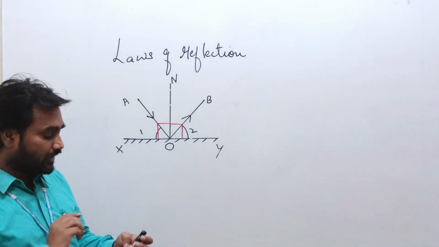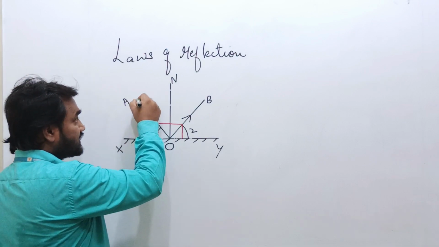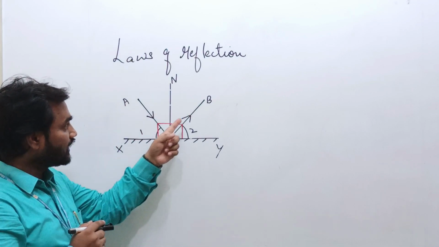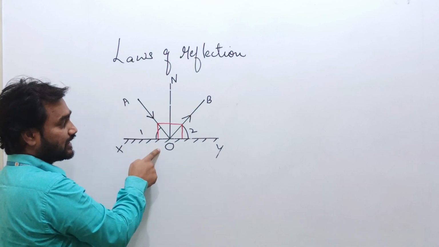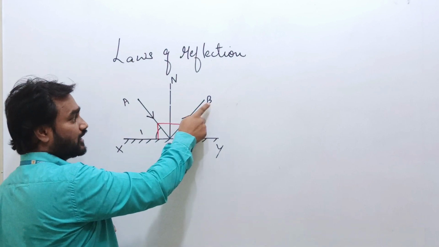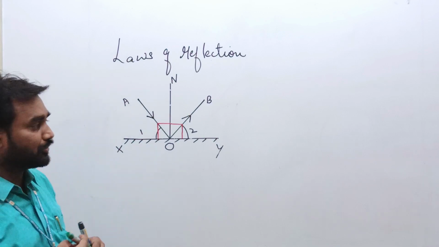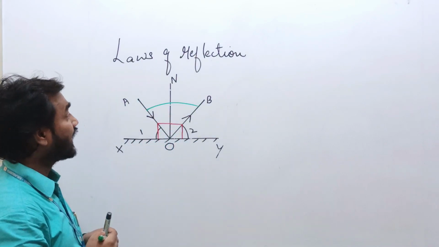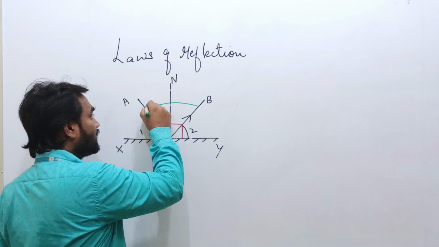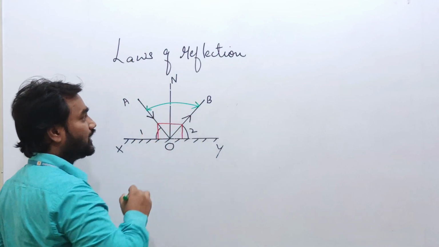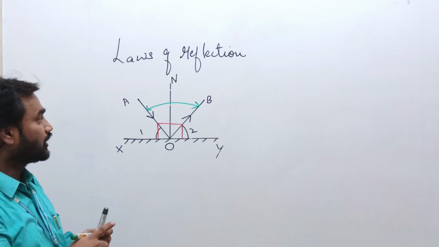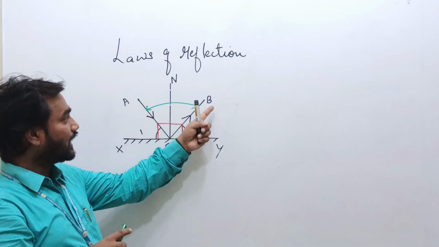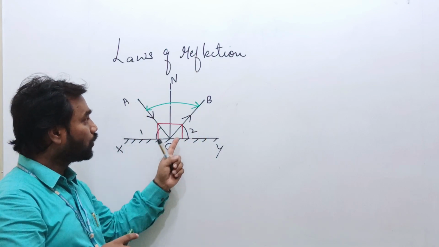Here, AOB is the angle between the incident ray and the reflected ray. AO is the incident ray and OB is the reflected ray. The angle formed between the incident ray and the reflected ray is angle AOB.